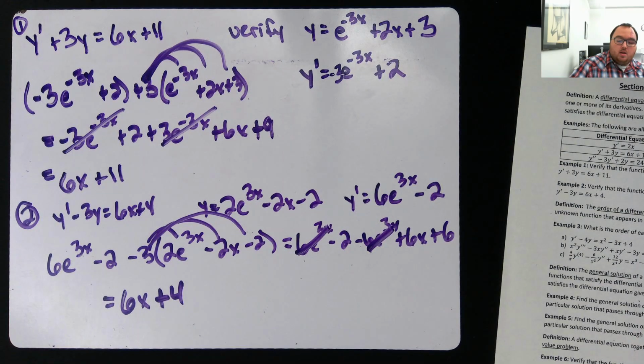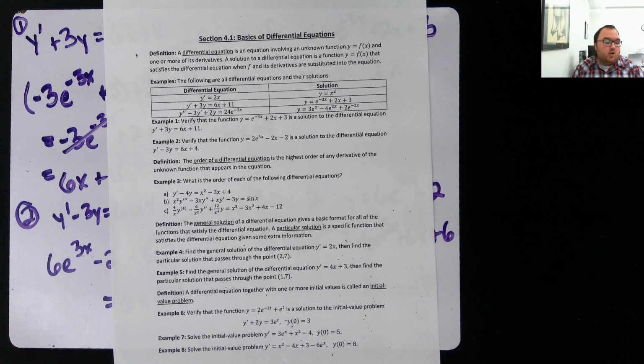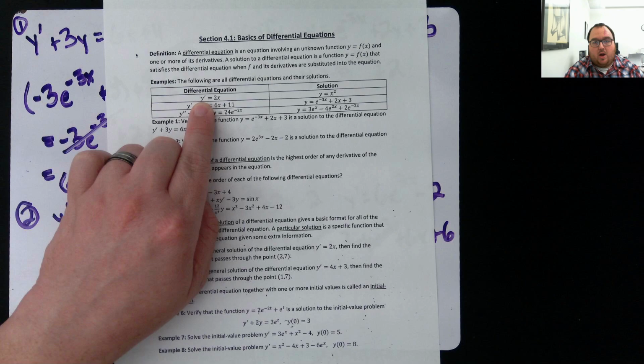There's another term we need to know. The order of a differential equation is the highest order of any derivative of the unknown function that appears in the equation. What I mean by that is, look at how many derivatives I'm going to have to take. Looking up here at the first one, y prime means I'm going to take the derivative one time, so the order is 1.